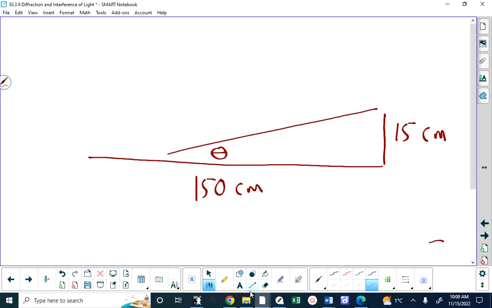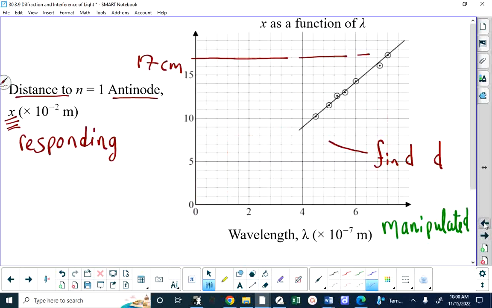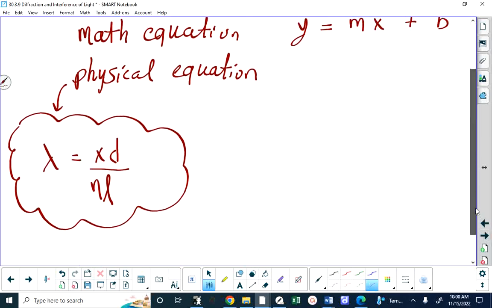Well, I think it will be. We can do a quick calculation to confirm it, but it's going to be. You can go inverse tan of 15 divided by 150, and let me know what you get, Annalie. 5.7. So this is why we're able to use this formula. And by the way, I don't want to go too deep into this, but if the angles were too big, this would not be a straight line. It would be curvy. So this is the physical equation.